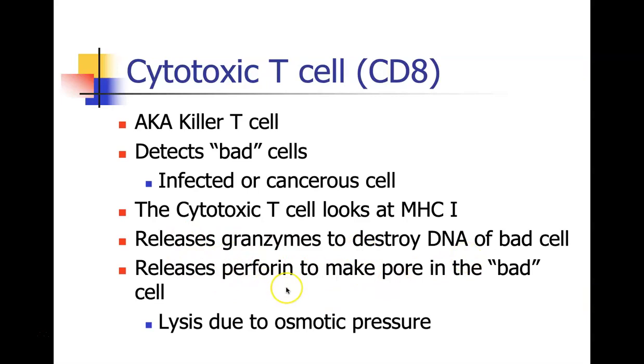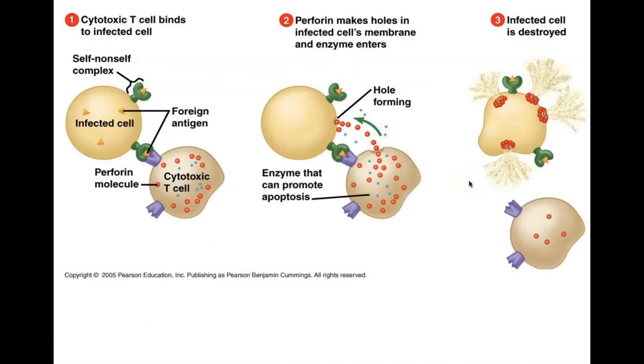Again, like our natural killer cells, they release perforin to make pores in the bad cells, and you get lysis then due to osmotic pressure in these cells. Okay, there's a picture of this. Cytotoxic T cell binding to the infected cell, perforin making the holes, infected cell is destroyed.